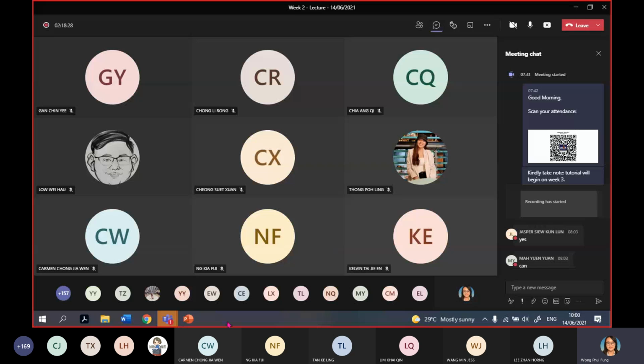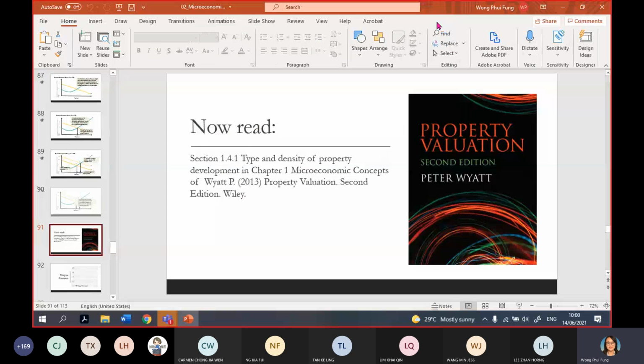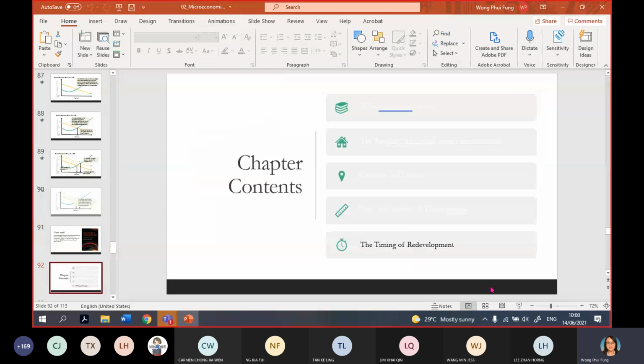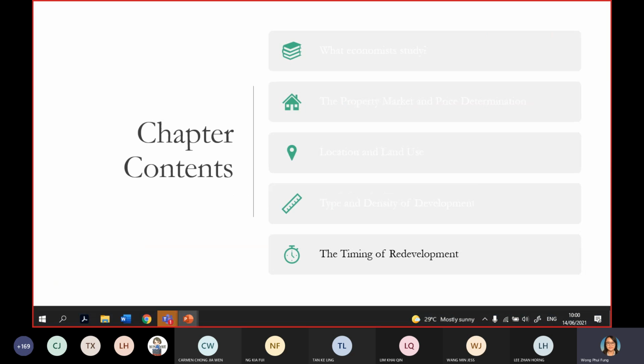All right. Let's move on to the last sub-chapter. The last sub-chapter of this economy topic is talking about the timing of redevelopment.